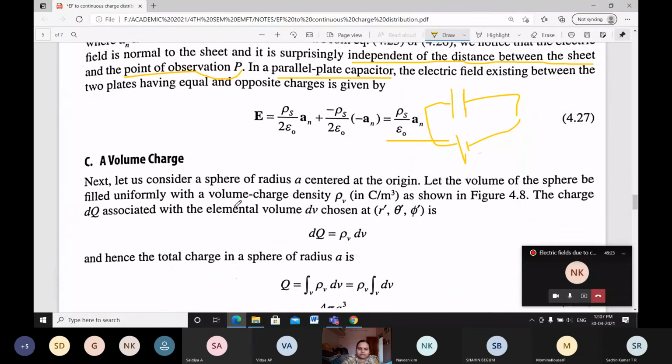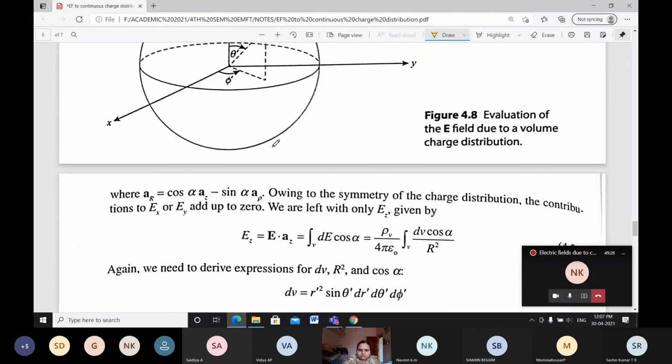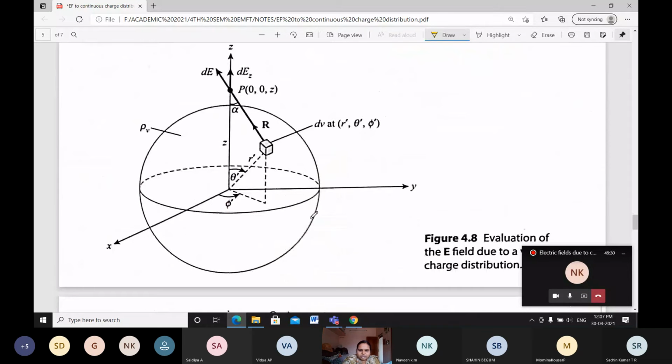In the same way, for the volume charge, here is our volume charge with radius r, theta and phi. For this point P, observe that it is along the z component only, so the first two factors are 0 and the last one is z.